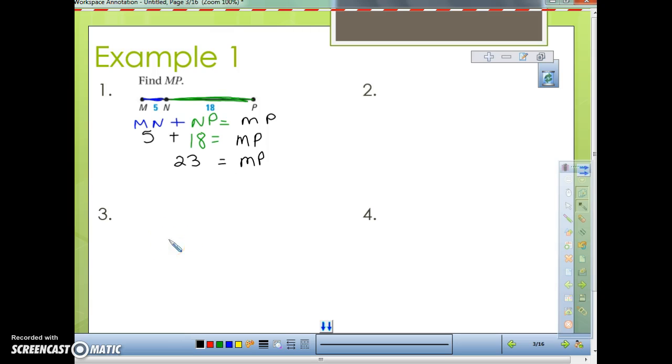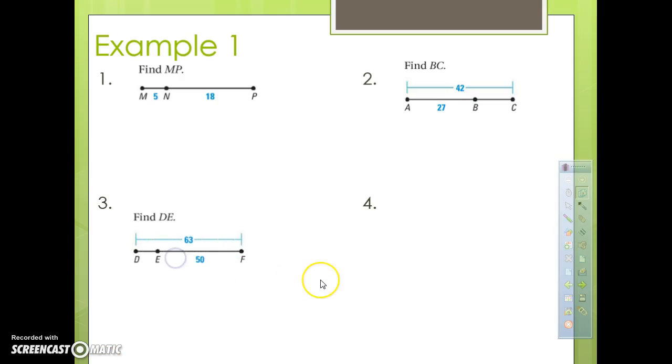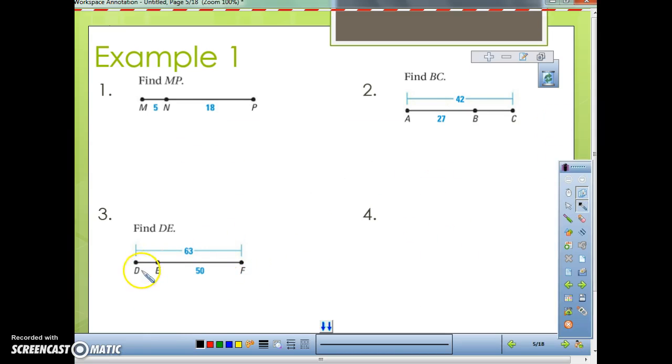I'm going to give you one that's a little different now. Here's one we're going to set up. Each little piece has to add to be the whole. So we have... do we know what D is?